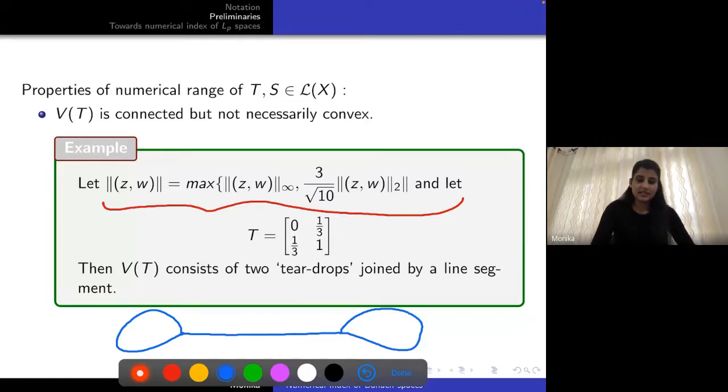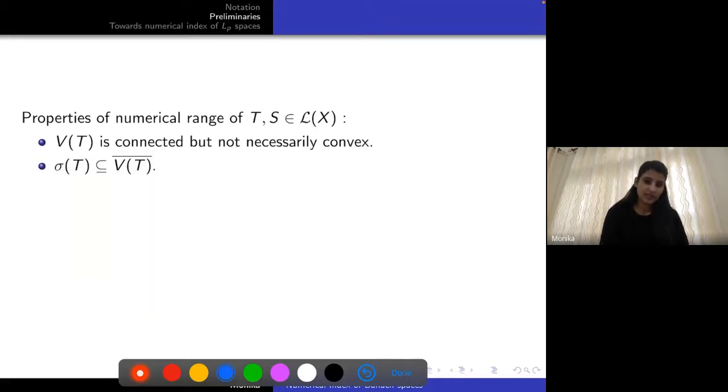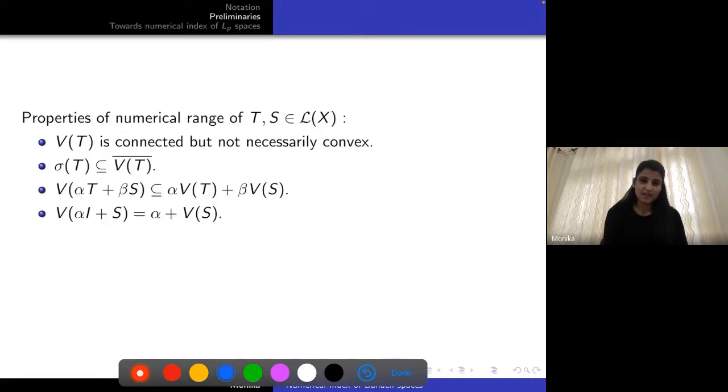Same as in the Hilbert space setting, the spectrum will be contained inside the closure of the numerical range. And the numerical range satisfies the property that V(alpha T plus beta S) is contained inside alpha times V(T) plus beta times V(S). But if we replace T by identity and beta by 1, this inclusion turns to equality.